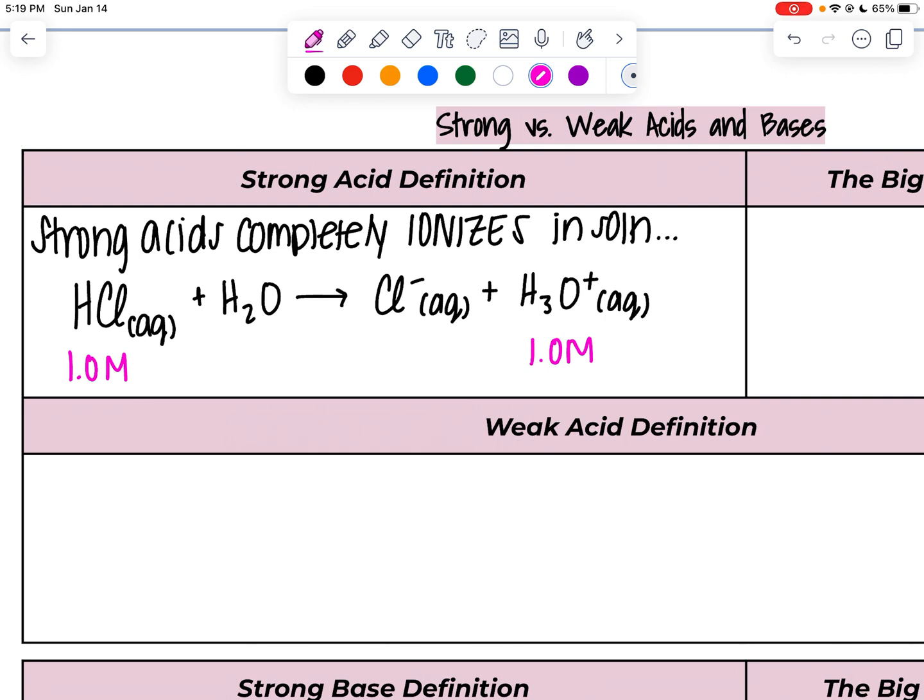This is what we mean when we say completely ionizes. Everything you put in, all 1.0 molar of it, is going to dissociate into H plus or H3O plus, remember, same thing, and the chloride Cl minus ions.